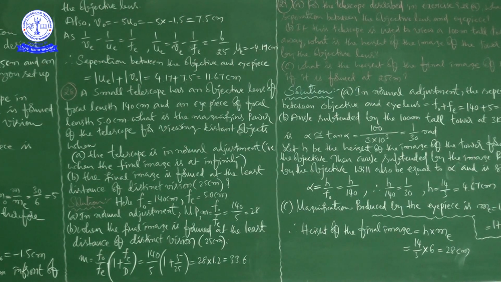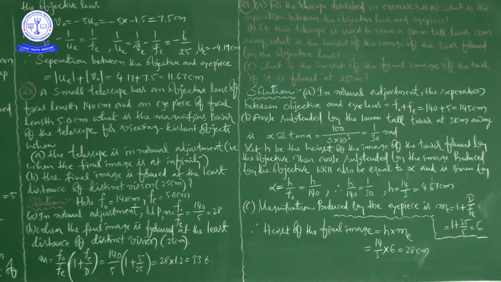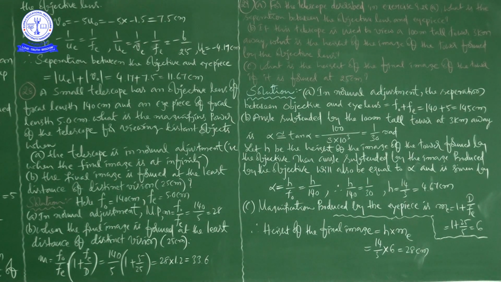Next, by using the same lens formula, the relation among focal length, object distance and image distance, 1 by VE minus 1 by UE is equal to 1 by FE. Writing UE as the subject, 1 by UE is equal to 1 by VE minus 1 by FE.